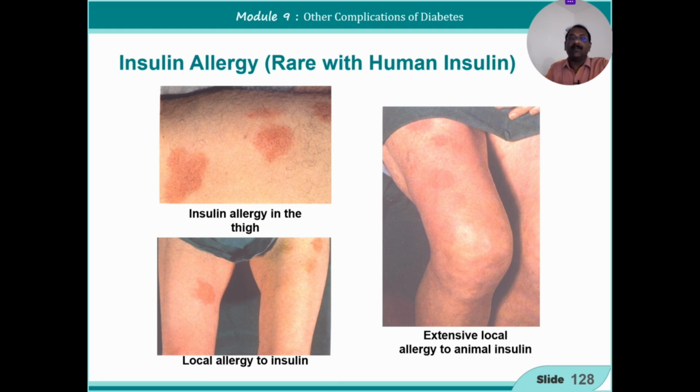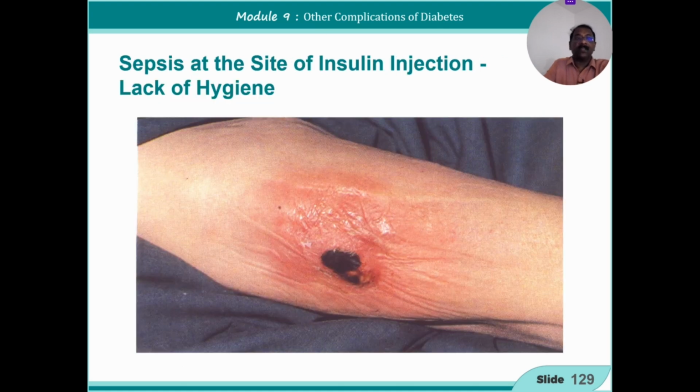Insulin allergy earlier was very common with porcine insulins and bovine insulins. Now with human insulin these are not that common, but still some people develop insulin allergy. Insulin allergy in the thigh, local allergy to the insulins, extensive local allergy to the animal insulin. See sepsis at the site of insulin injection, a lack of hygiene.